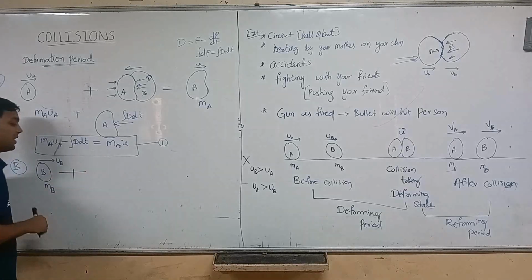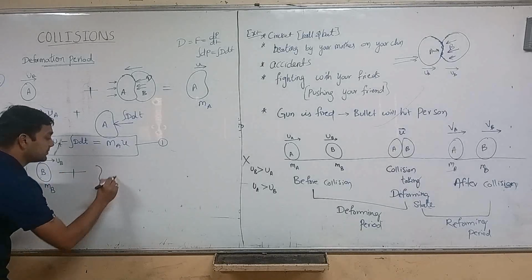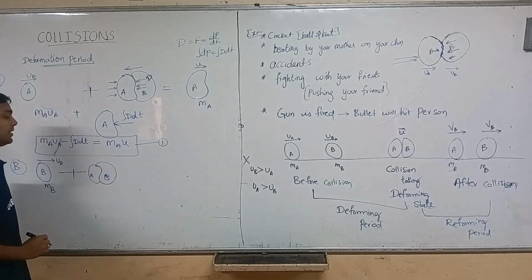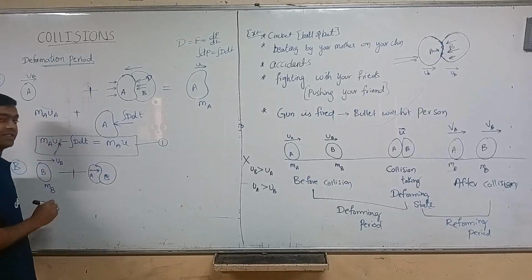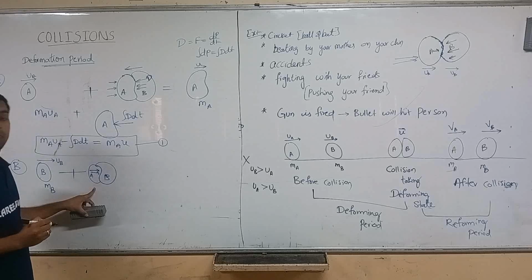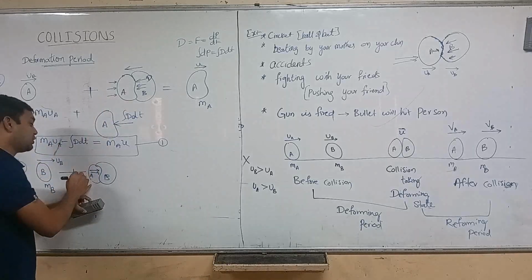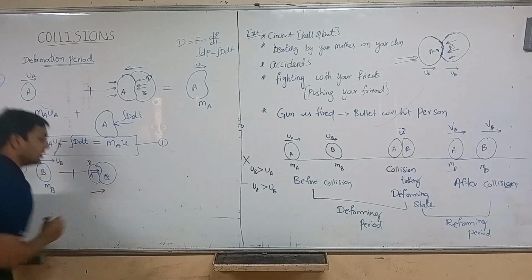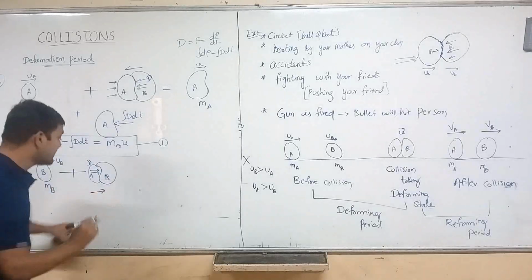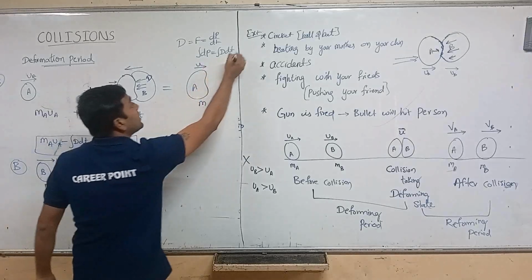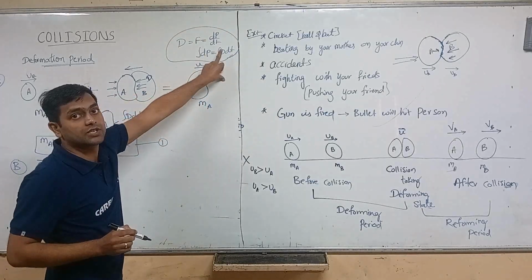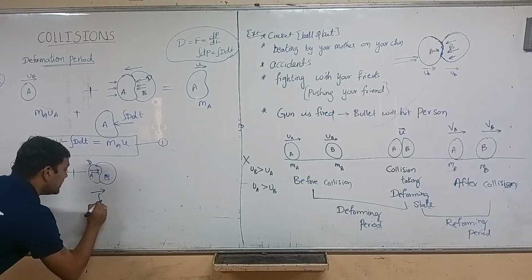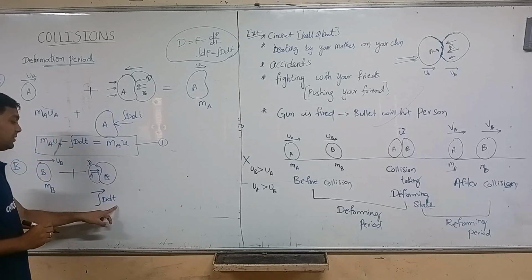This object is getting hit by A. So here also we are getting the deformation force, acting in this direction for B. The momentum of the deformation force is equal to the integration of F dt.